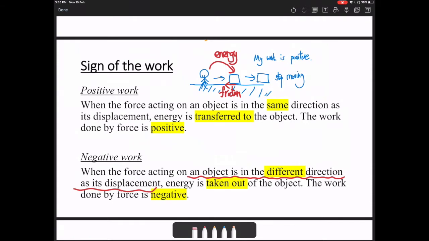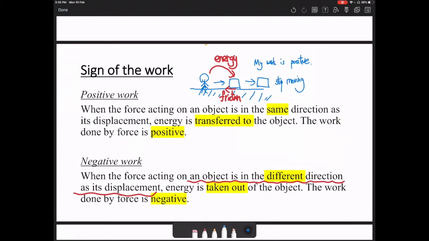So we can say the work done by friction is negative. If the work done by friction is negative, what does that mean? That means energy is taken out of the object. Okay, why? The reason is the energy of this box is given back to the ground.